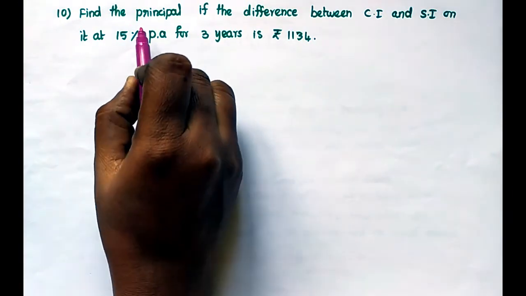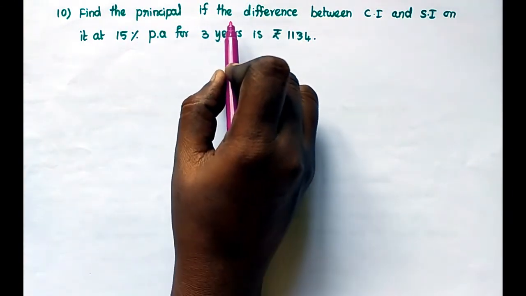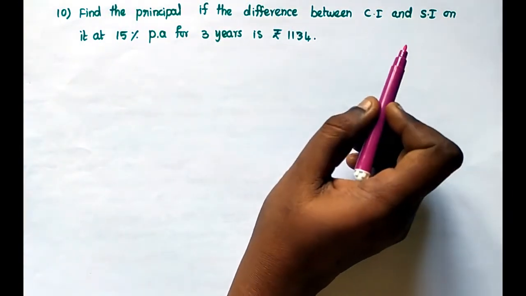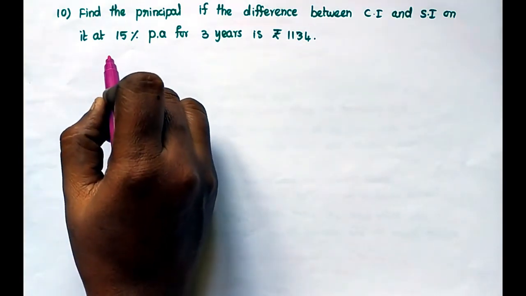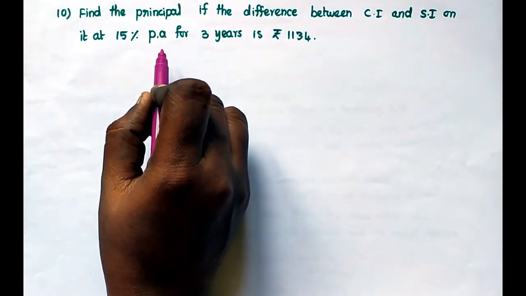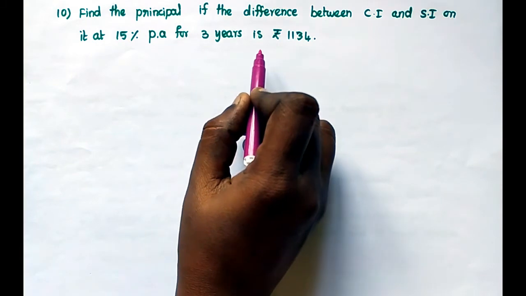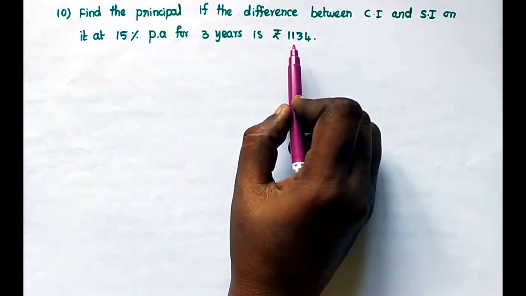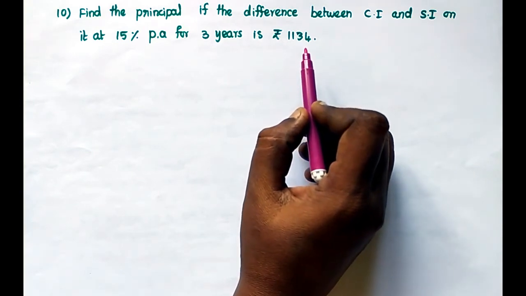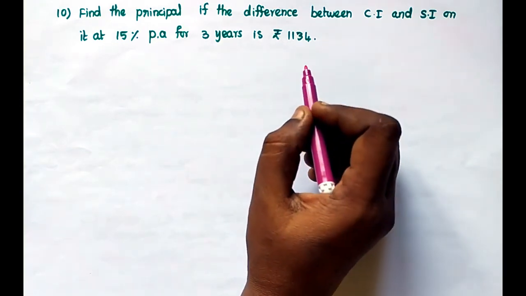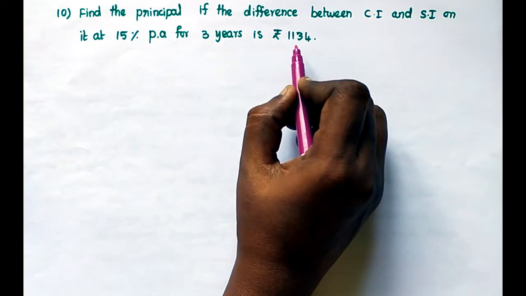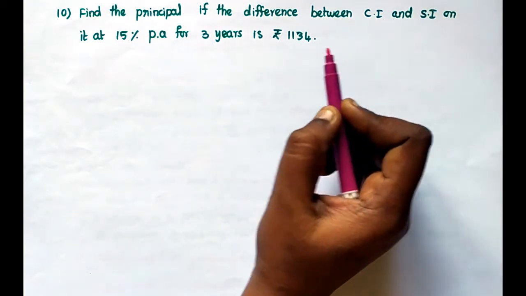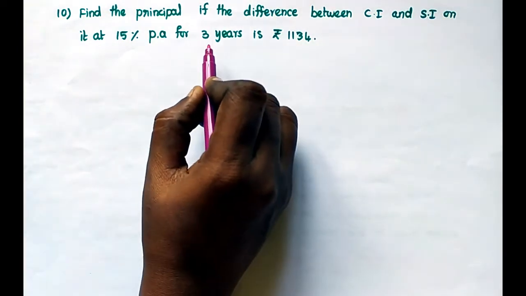10th sum: find the principal if the difference between compound interest and simple interest on it at 15% per annum for 3 years is rupees 1134. Listen, here also they have given the difference between the compound interest and simple interest, the rate of interest, and the number of years.